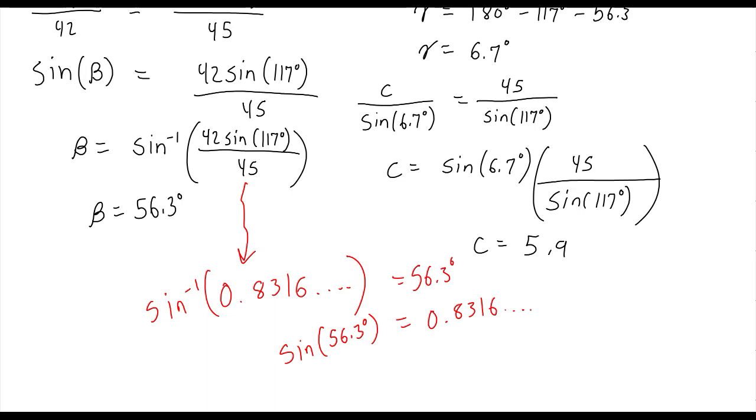But it is also true that sine of 123.7 degrees also equals 0.8316. They actually both equal the same thing, because you know how the unit circle works.